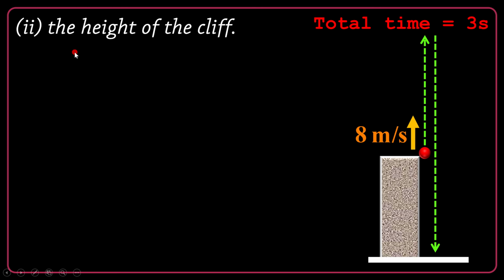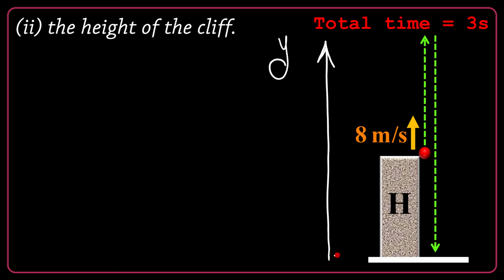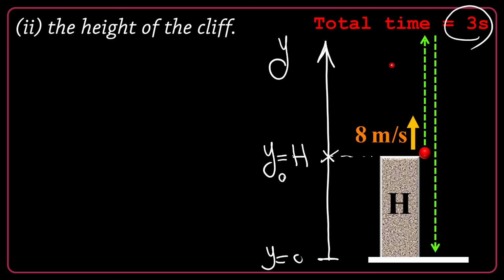Part II, the height of the cliff. The height of the cliff is capital H. I put a vertical axis y here, and I take y equals 0 at the sea level. The initial height is assumed to be capital H. We know that the total time is 3.